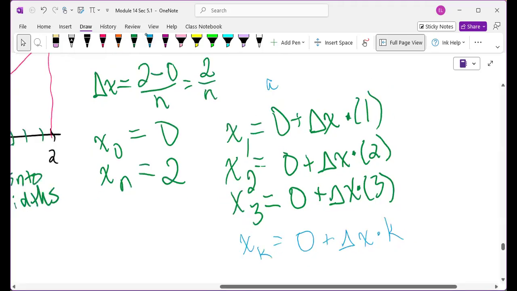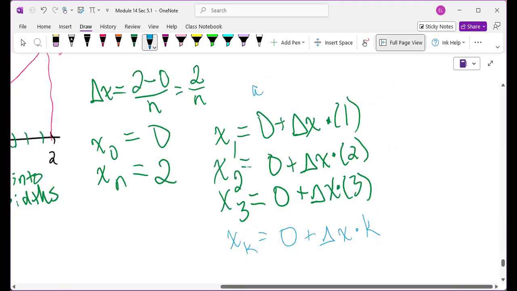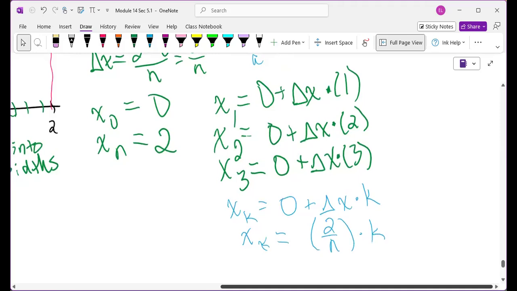Now, delta x, we actually have a formula for. So delta x is 2 over n times k, and I didn't write the 0 plus because it doesn't do anything. So this is a sequential formula that will give us all of the x values that we're going to use as endpoints for our rectangles.